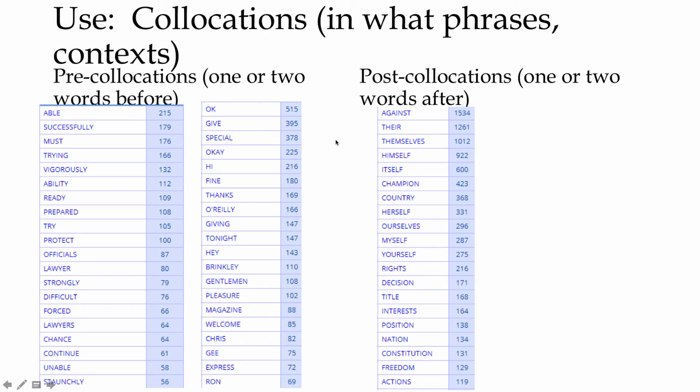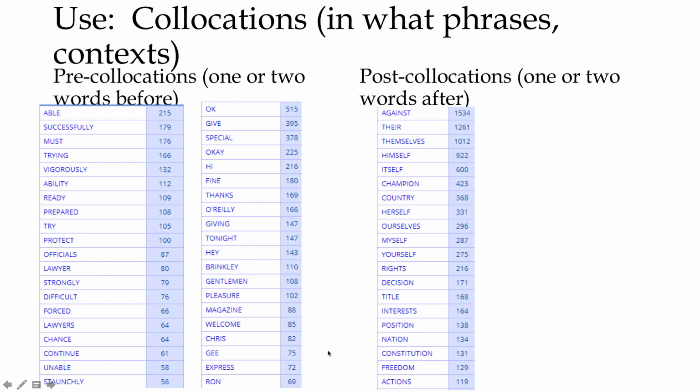With thanks, we see things like, okay, thanks, is very common, or give thanks, special thanks, okay, thanks, hi, thanks, I'm doing fine, thanks. And we even have thanks again, so people say, thanks, thanks, they would double it up. Giving thanks. Here we have some of these names, which are probably an artifact of the corpus that was being analyzed here.